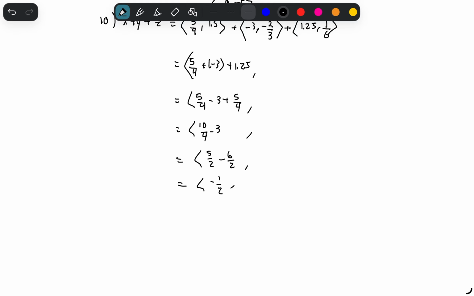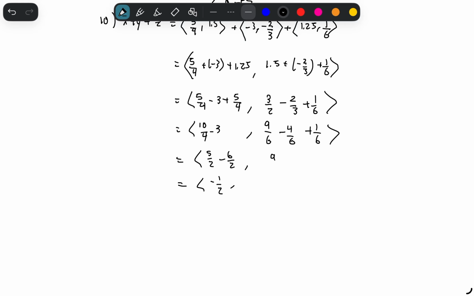And here we have 1.5 plus -2/3 plus 1/6. We have 1.5 is 3/2, and 3/2 is 9/6. -2/3 is -4/6, and we can keep that. So we can do just in the top, 6/6 is 1.